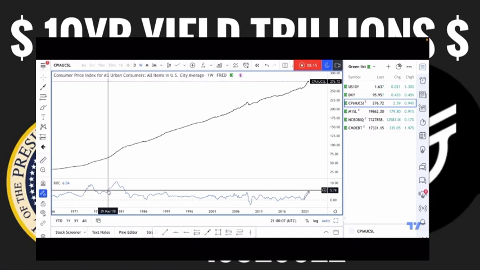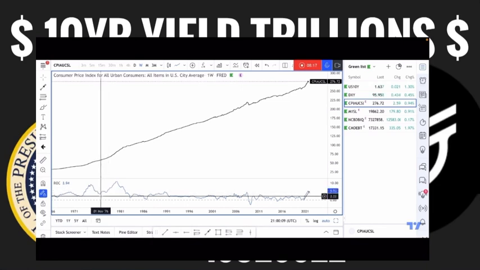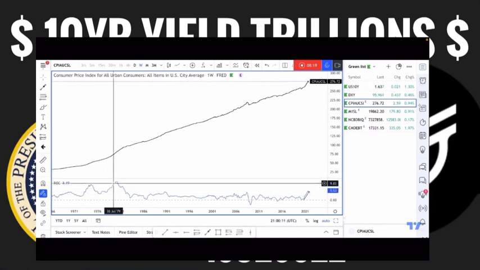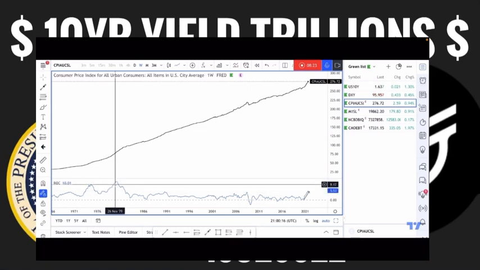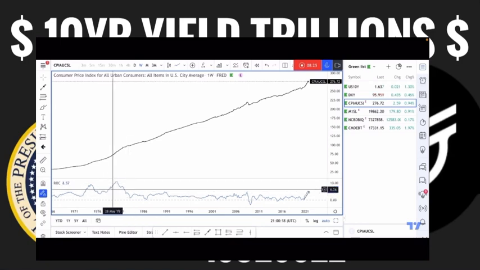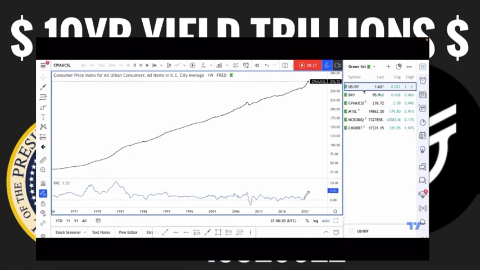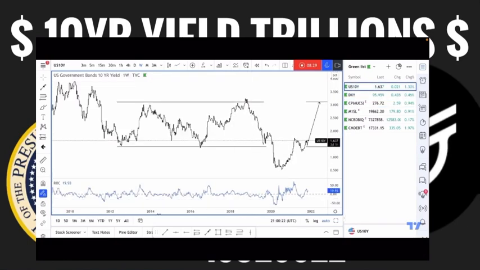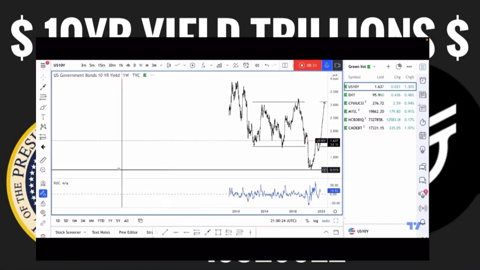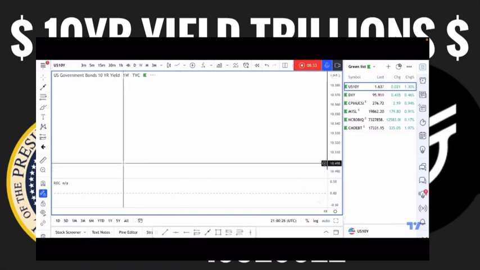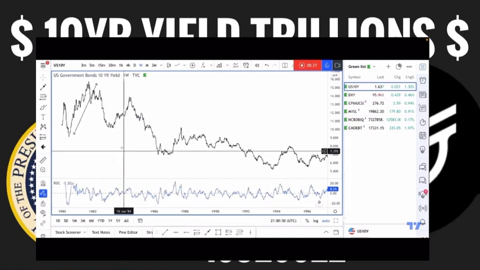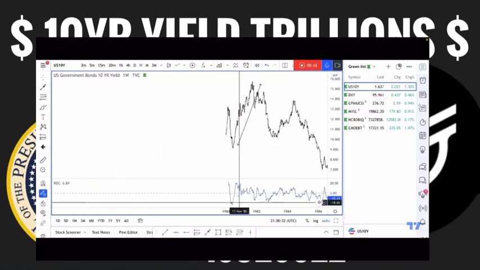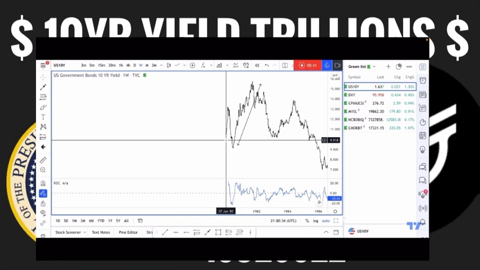it's comparable to the last time inflation was rising at this level, which was back in the 1970s, 1980s. So let's have a look at what the yield on the US 10-year looked like back in the 70s and the 80s. We don't quite have the data for the 1970s, just because TradingView's chart starts in 1980 itself.